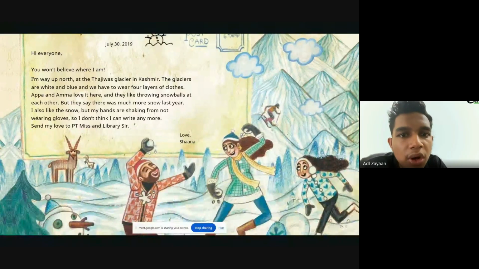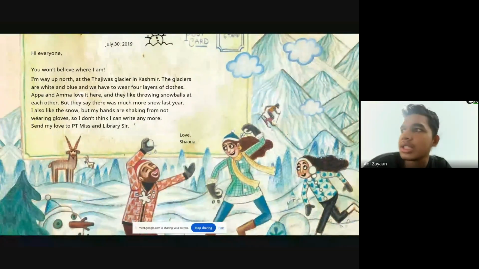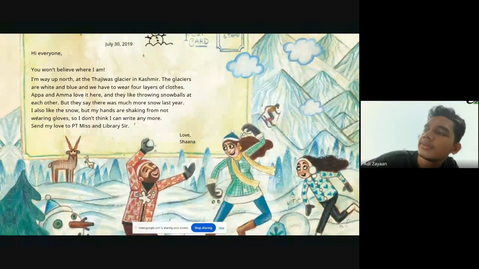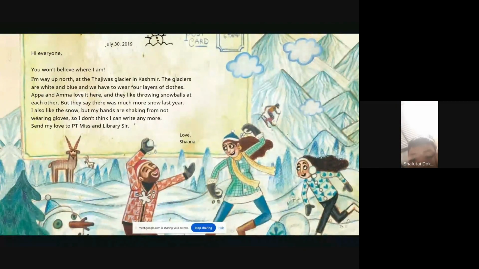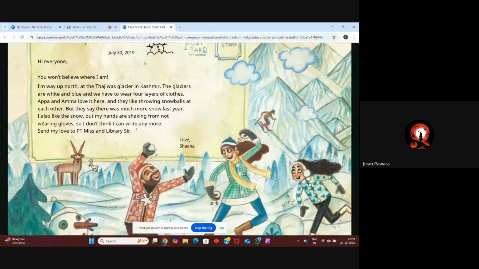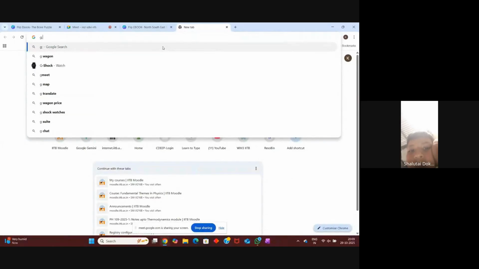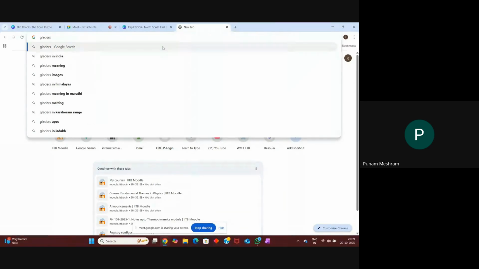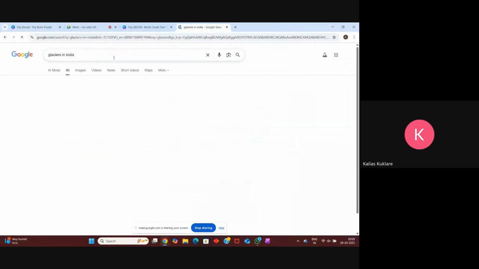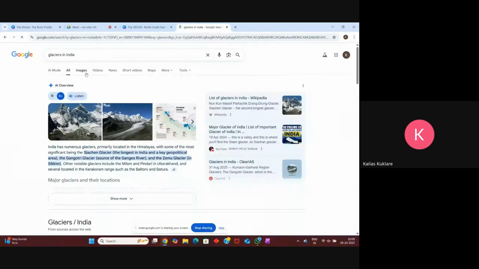I am way up north at the Tajivas Glacier in Kashmir. Do you guys want to see photos of glaciers? Search glacier. Gangotri Glacier and Yamunotri Glacier.